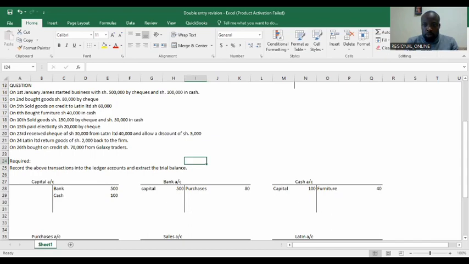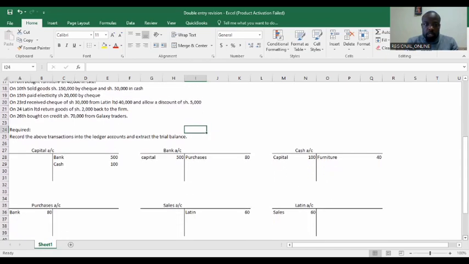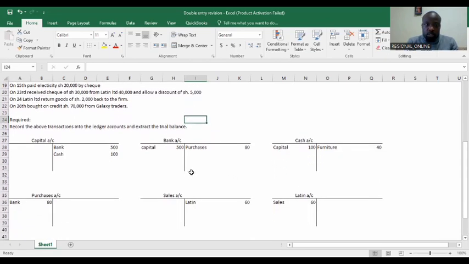That means our bank is receiving from sales and cash is also receiving from sales. That means they are increasing, and sales is also increasing. So sales is increasing by cheque, that is bank.